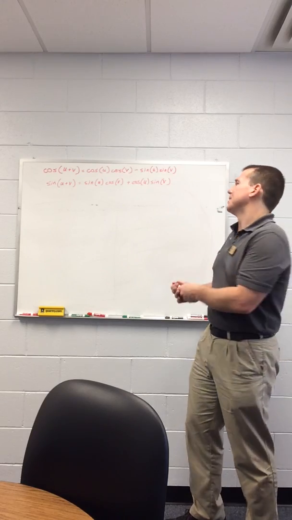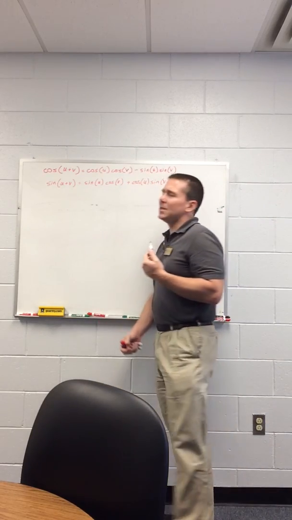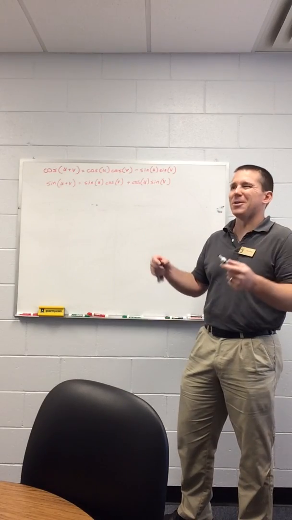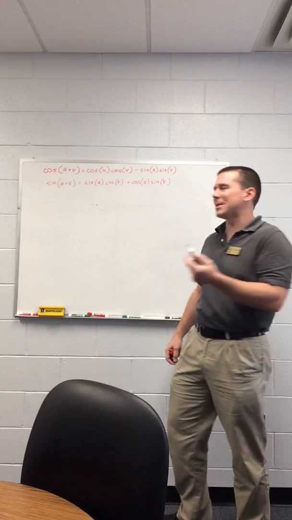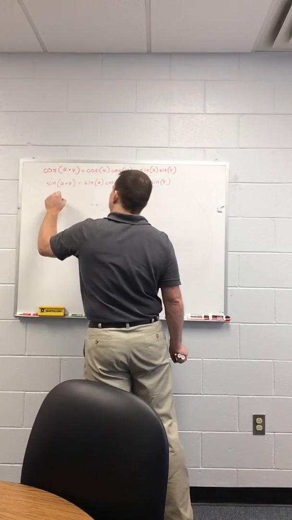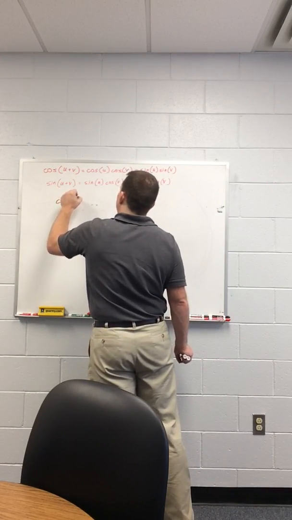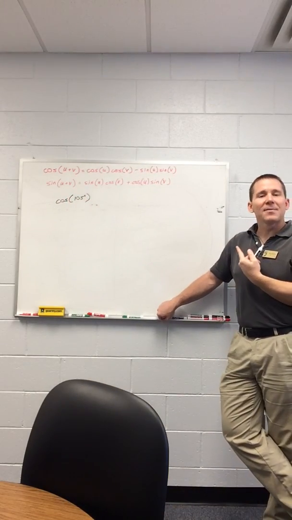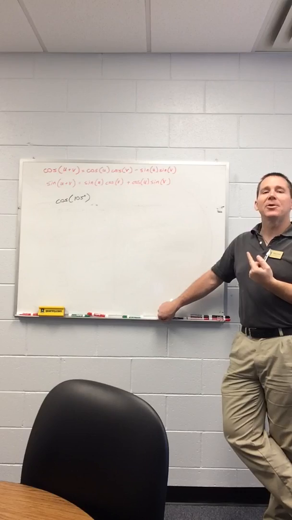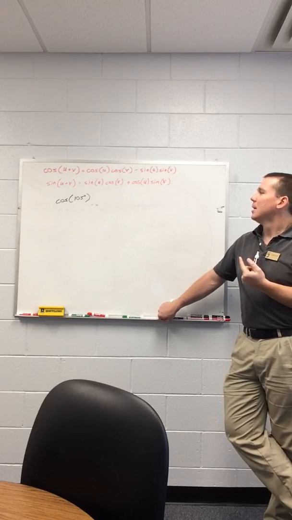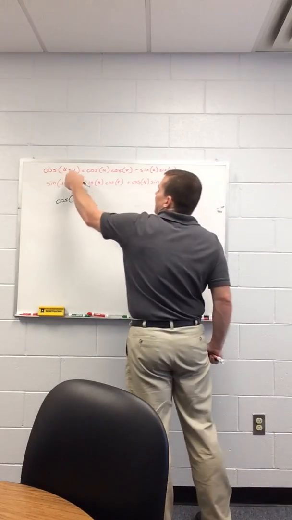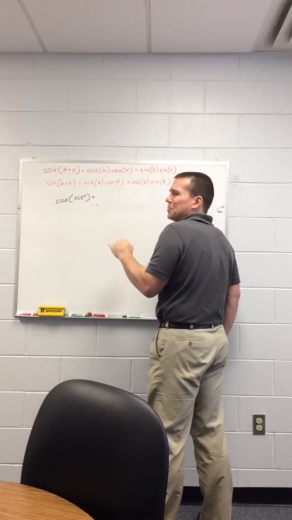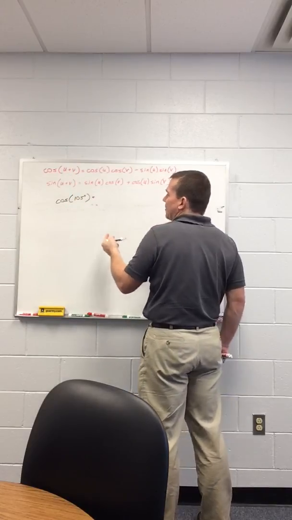But to actually use them, we know from the unit circle a lot of angles and their sine and cosine. We have them memorized: 30 degrees, 45 degrees, 60 degrees, and so on. So what happens if I want to find the cosine of 105 degrees? Well, I don't have that one memorized. Is there a way I can generate it? If I can write it as the sum of 2 angles that I do know the cosine and sine of, then maybe I can find it.